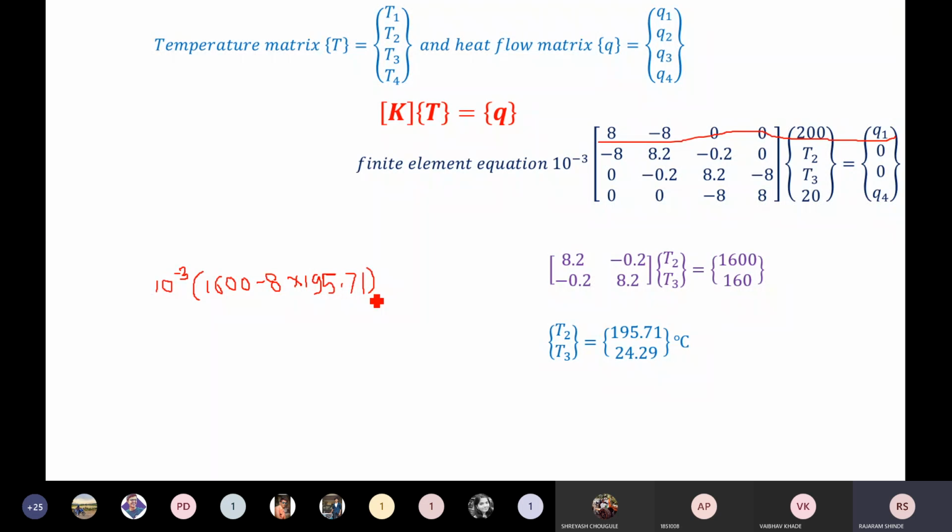Now this is equal to Q1. Now you do this calculation, you check it. Yes, sir. Have you got it?